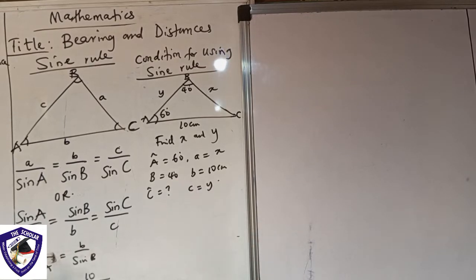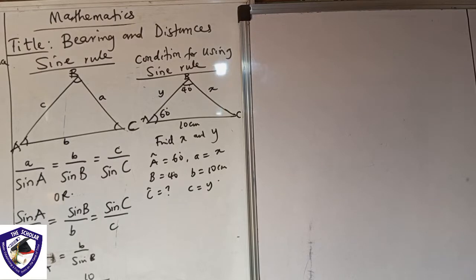So you can see that the only unknown is what? x. So when you cross multiply, this will multiply this. So I have x times sine 40 is equal to 10 times sine 60 degrees. I'm looking for x. x is equal to what? 10 sine 60 divided by sine 40. So that gives us our answer for x.